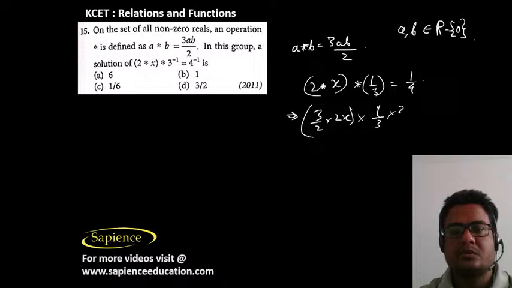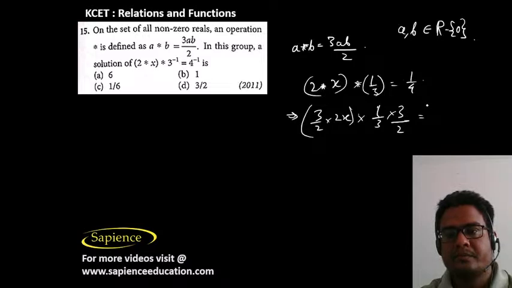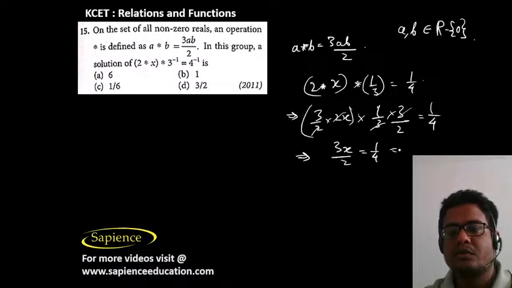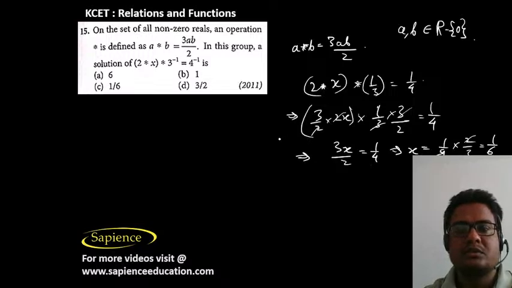So this into 3 by 2 is equal to 4. Cancel here, the 3 and 3 cancel. This will be 3x by 2 equal to 3, so 6. x is equal to 6. Option C is the correct answer.